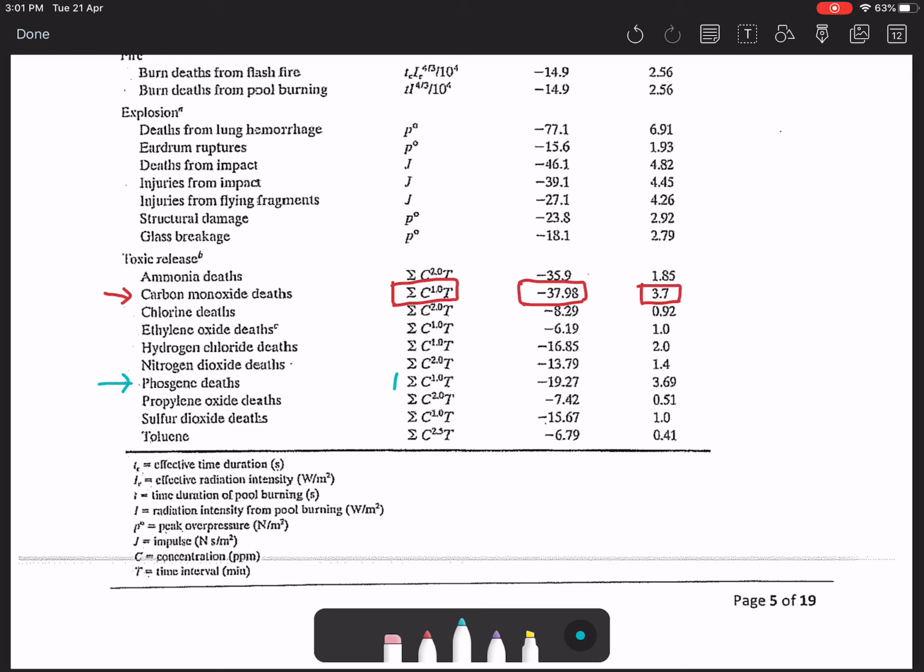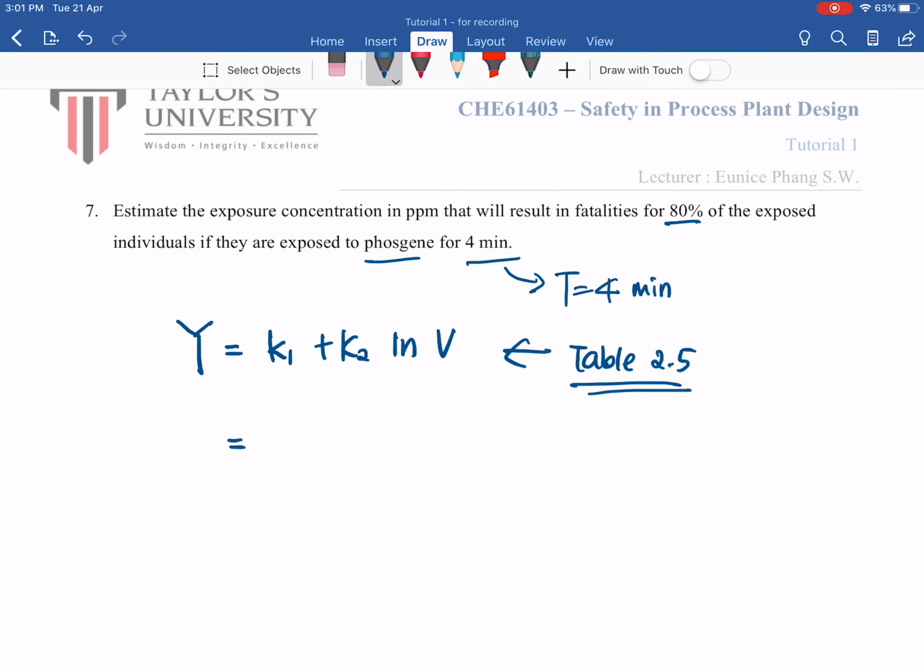Again, the V value is C to the power of 1 times T, and the K1 value is negative 19.27 and the K2 value is 3.69. So let's put those values back.